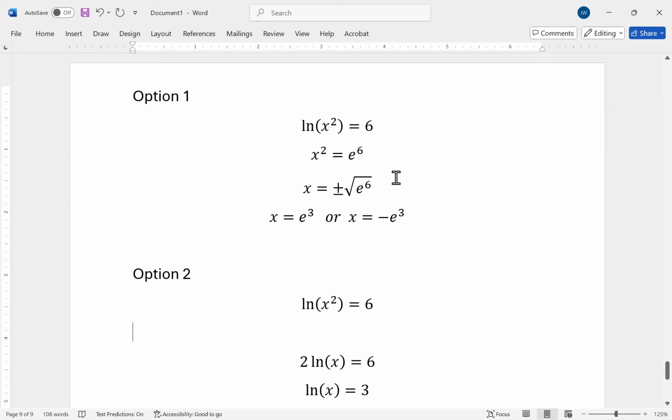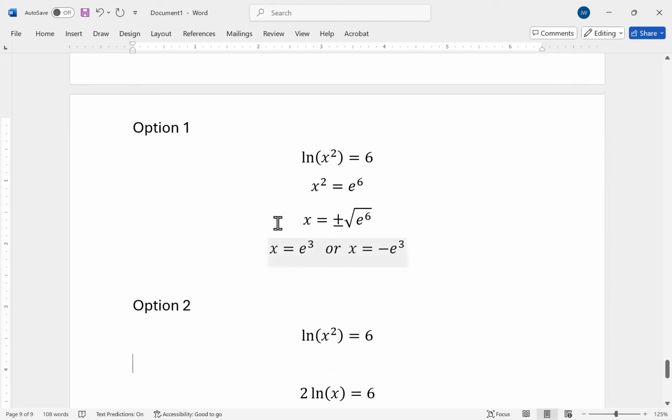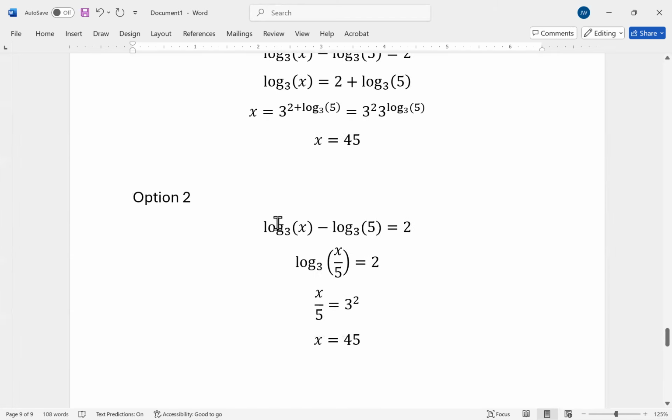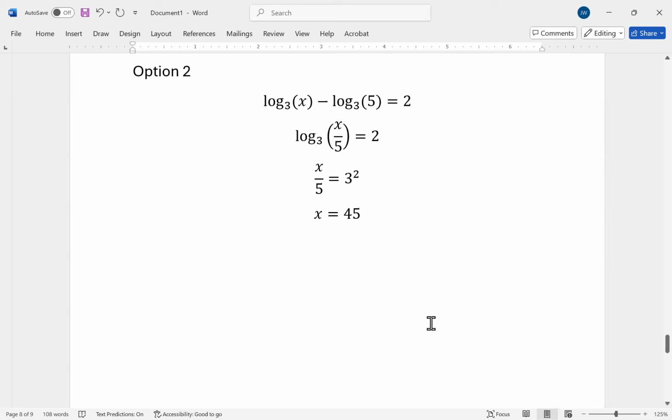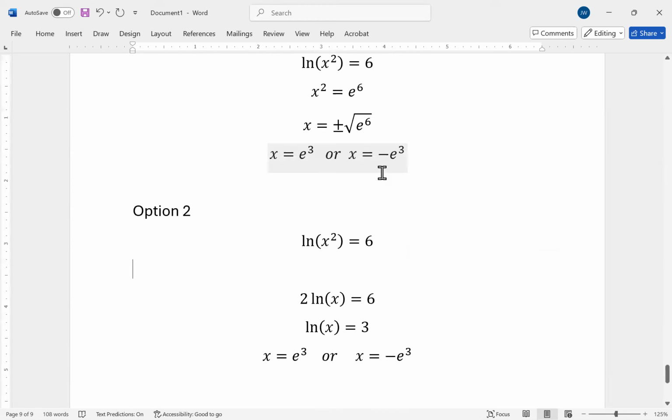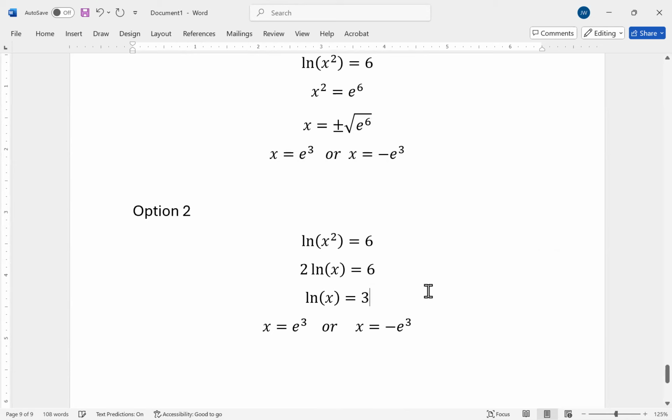So obviously on that one, probably option 1 was a bit easier to deal with. In the previous problem, I would say maybe option 2 is a little bit easier to deal with. You don't have to take e to the log base 3 of 5 power or anything like that. But both options will lead to the same answer or same answers if we're cognizant of how those rules of logarithms work.